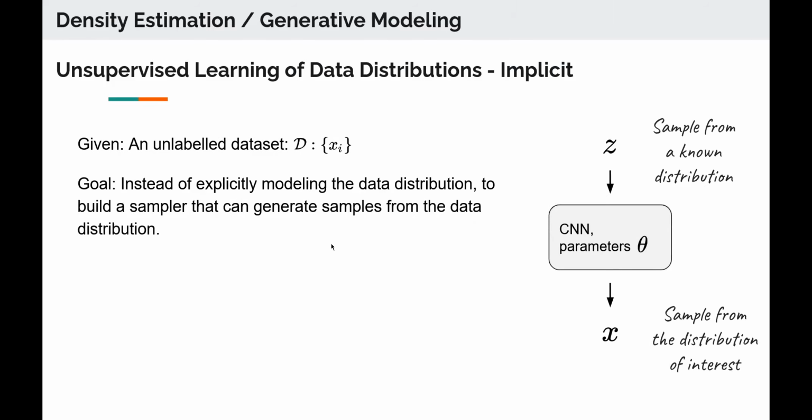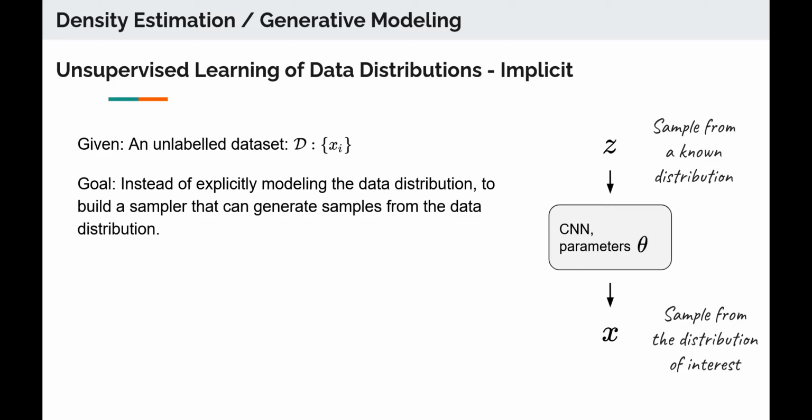So this is the implicit way of doing learning of data distributions. What this means again is that we do not have a model which outputs the value of p of x or log p of x. Instead, we have a model that takes as input a sample from a known distribution, for example, a noisy vector, and then implicitly knows what the distribution of brain images looks like.